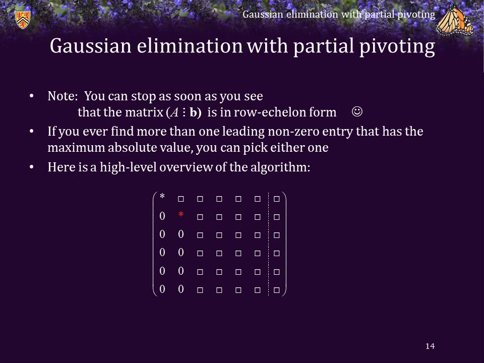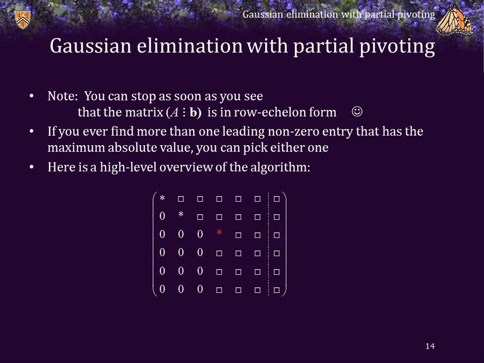Now, suppose in this process of zeroing out everything in column 2, we also zeroed everything out in column 3. Well, at this point, there are no leading non-zero entries in column 3, so all we do is move to the next column. We find the largest in absolute value leading non-zero entry in column 4, and whichever row it is in, we swap that row now with row 3 to place that largest entry at that location.